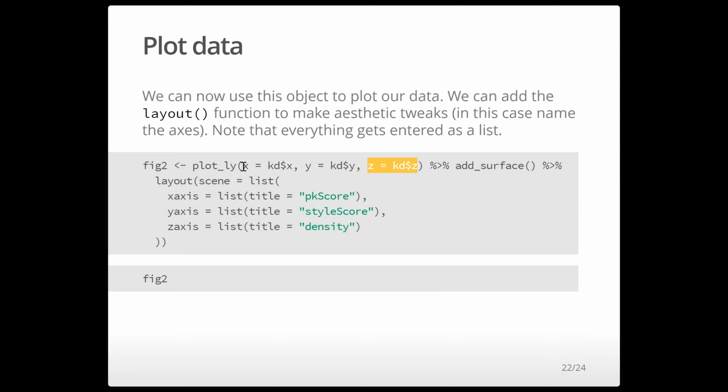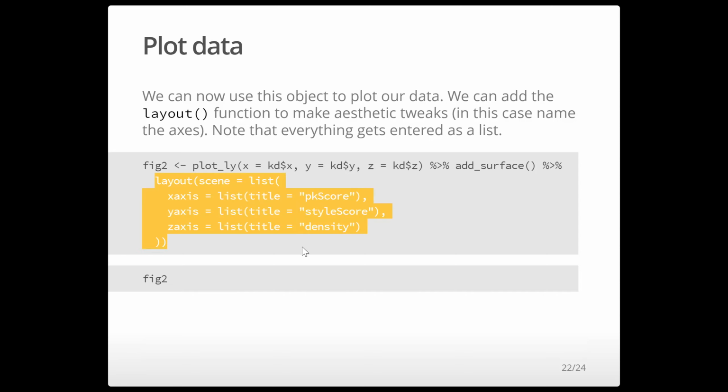So X, again, is the first variable, which is PK score, Y is style score, and Z is their joint density. We're going to use this pipe operator and use add surface, and this tells it that we want a surface plot, which is how we visualize a joint density. And then to customize the axes, you can use this layout function.